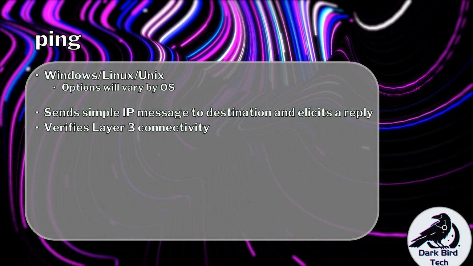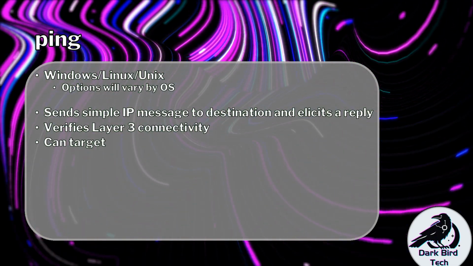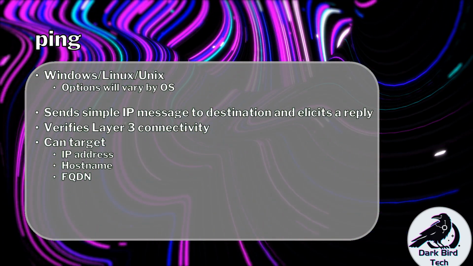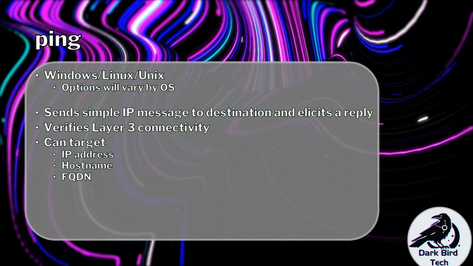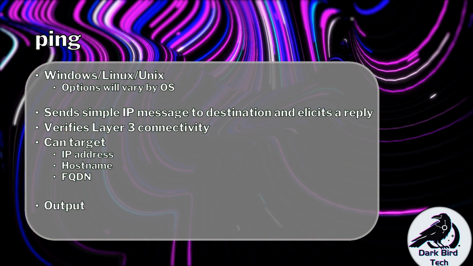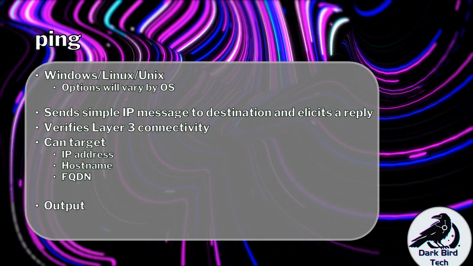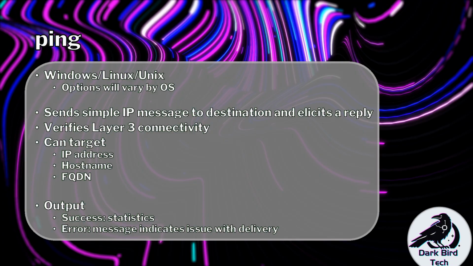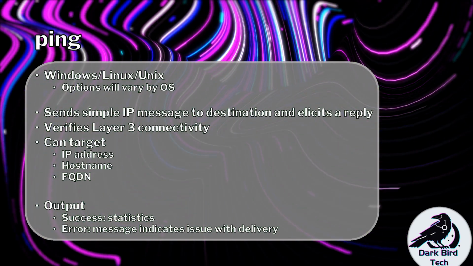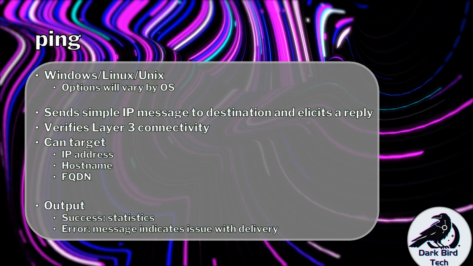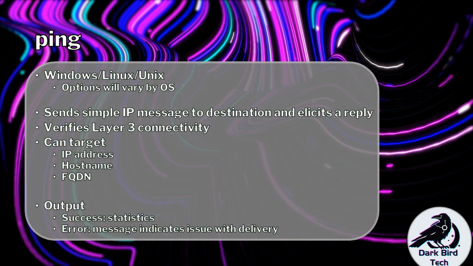Nonetheless, with ping, we can target the host with either its IP address, its host name, or a fully qualified domain name if it is an internet or public entity. Now, ping's output can be pretty useful if you spend some time interpreting it correctly. When the result is a success, it normally shows you statistics around the performance of the traffic, with latency measurements, and also gives you an indicator of the TTL field's values.